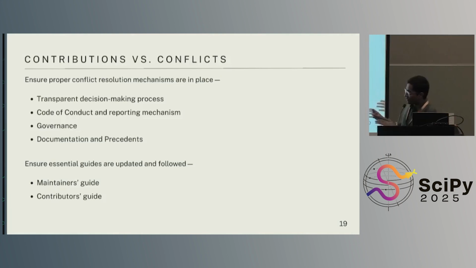And putting these things public somewhere in the GitHub repository ensures that there's some sort of resource for the upcoming contributors and maintainers on how to handle these conflicts. And I think the contributions part is merely simple. You should have the maintainers and contributors guide fully updated to make sure the contributions are streamlined.